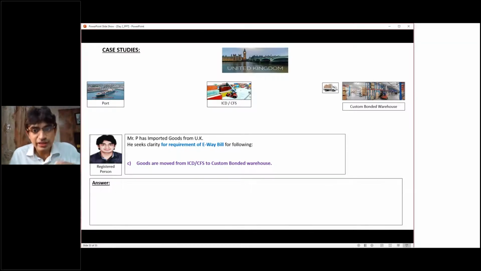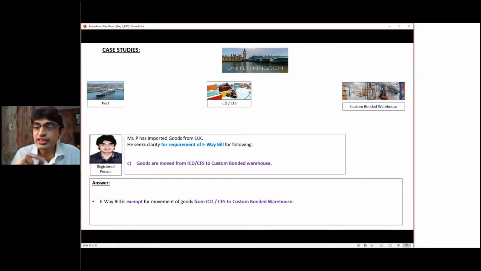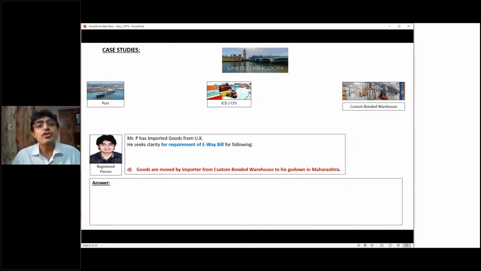Again, how will I come to know how they are moving, when, and which truck they are using? So again, e-way bill is exempt. When I moved from port to ICD, e-way bill is exempt. When I moved from ICD to the customs warehouse, e-way bill is exempt.